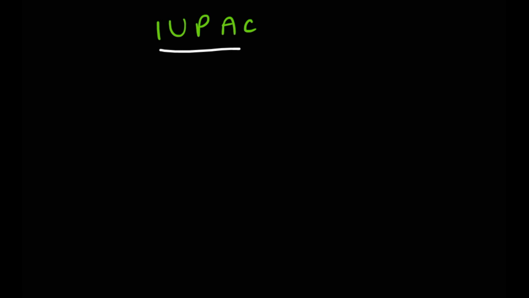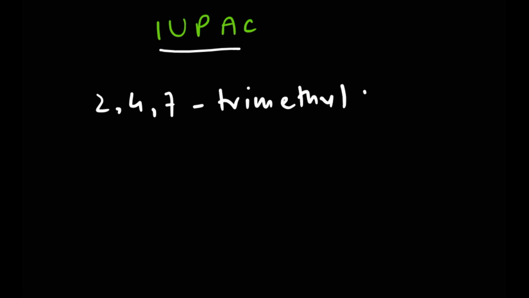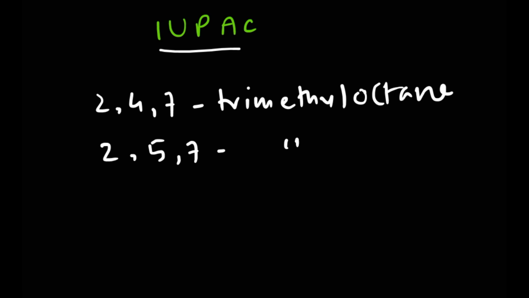Now the next problem is 2,4,7-trimethyloctane or 2,5,7-trimethyloctane. Which one is correct? I have already told you we have to write first the skeleton, I mean the parent chain.